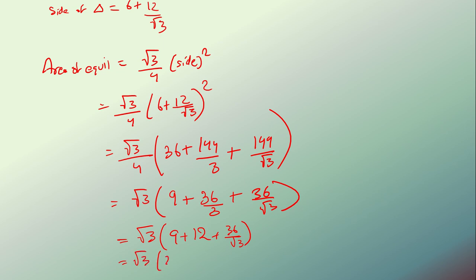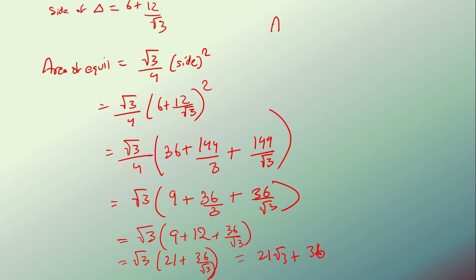Equal to root 3 times 21 plus 36 by root 3. Now let's multiply root 3. We get 21 root 3 plus root 3 and root 3 would cancel each other, we'll get 36. So the area of the triangle is equal to 21 root 3 plus 36 centimeters.